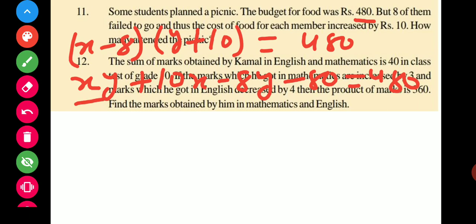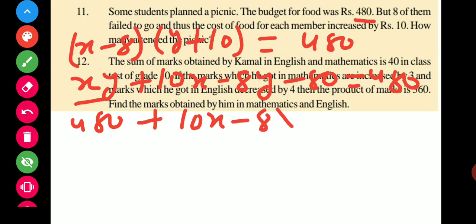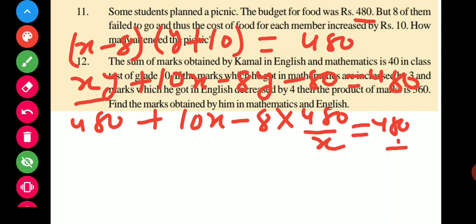The value of xy, that is 480, plus 10 of x minus 8y is given as 480 upon x and is equal to 480 plus 80. 480 will be cancelled out to each other, and now 110 is also cancelled out. So 10 here, 10 is here, and 10 is here. So what happened?